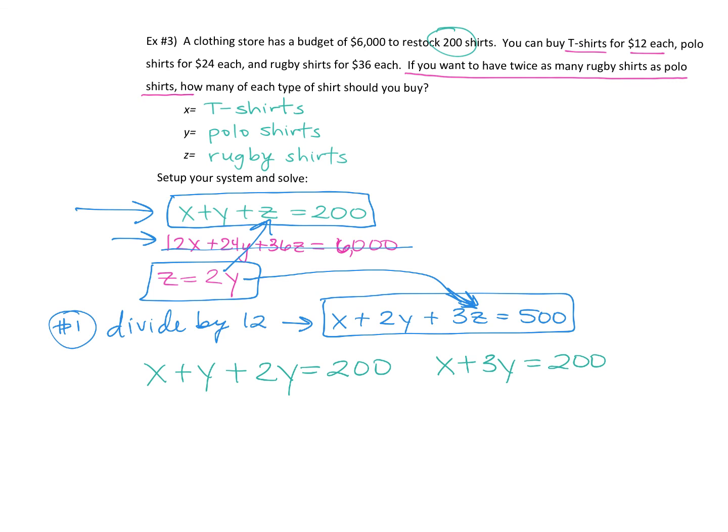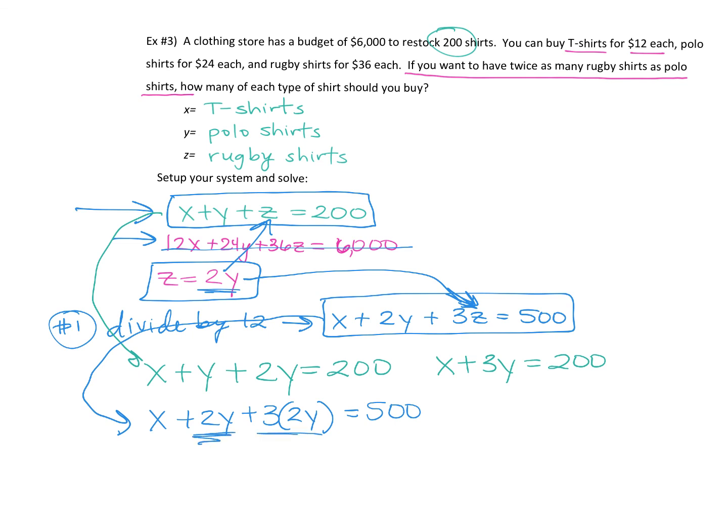Now I'm going to substitute into the other one. This would be X plus 2Y plus 3 times my Z value, which is 2Y, equals 500. And again, we can simplify that. 2Y plus 6Y would be 8Y. So this is going to be X plus 8Y equals 500.